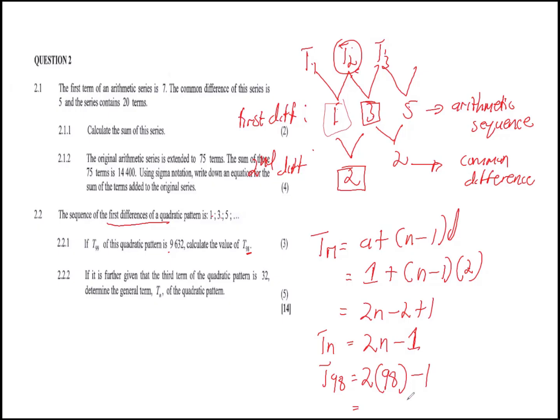Minus 1, like that. 2 multiplied by 98 minus 1 will give us 195, right? Remember, this is the T98 from the first difference. What we are trying to calculate is T98 from the quadratic pattern. So this is what we're going to do.